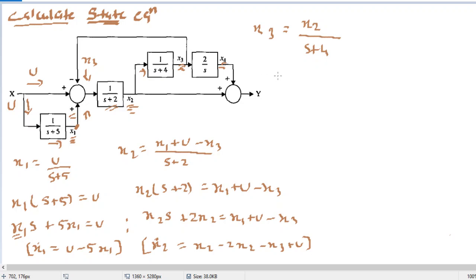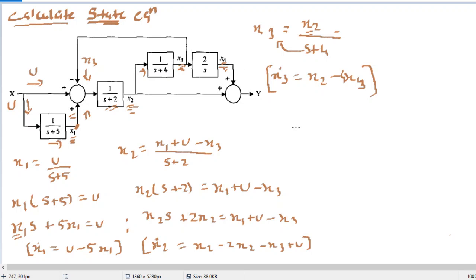Now by cross product, I'm going to directly write the answer. Multiply by this, and then the minus 4x3 comes to this side. This equation becomes the differential equation of x3.